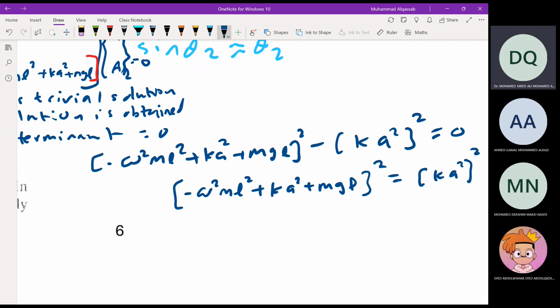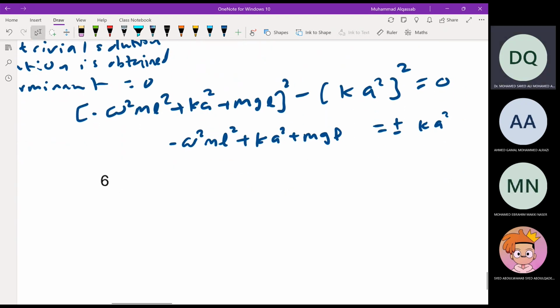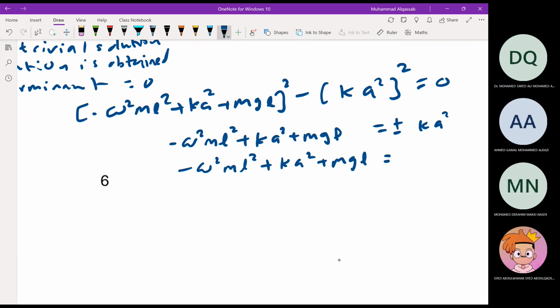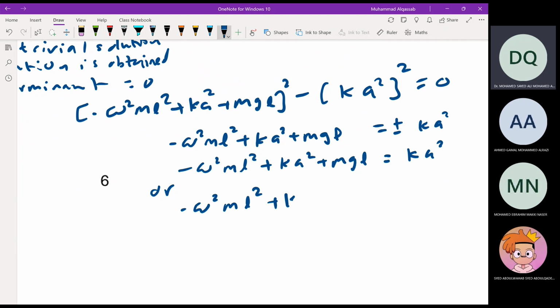Then you take the square root. When you take the square root, this will be plus minus. So when you take the plus step, the solution will be minus omega square ml squared plus Ka squared plus mgl equal to Ka squared, or minus omega square ml squared plus Ka squared plus mgl equal to minus Ka squared.